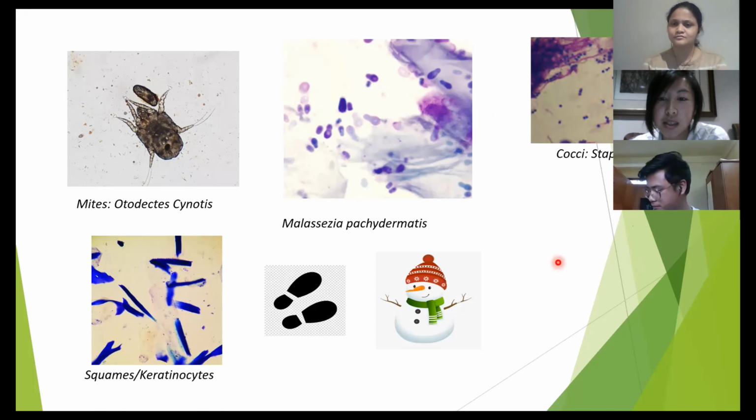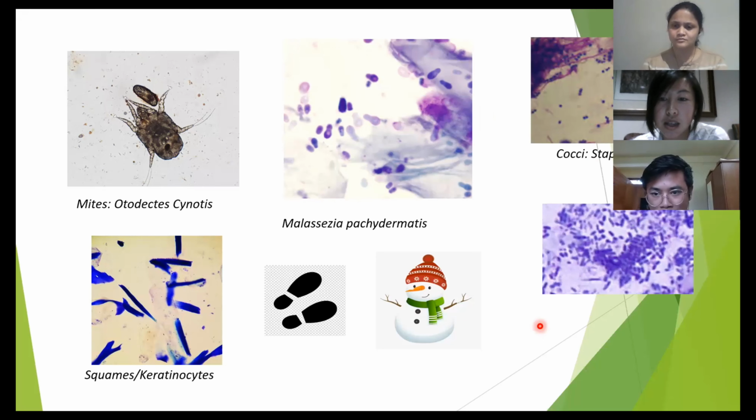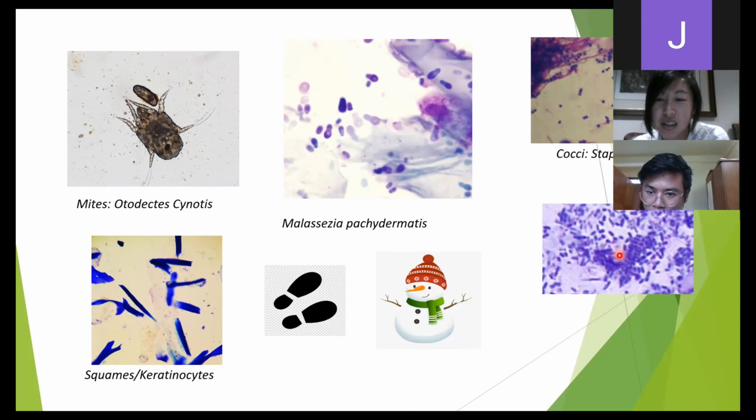And what about this one? Can you see that? You want to tell me what those ones are? They're also quite small, probably the same size as the cocci, but they're just a different shape.